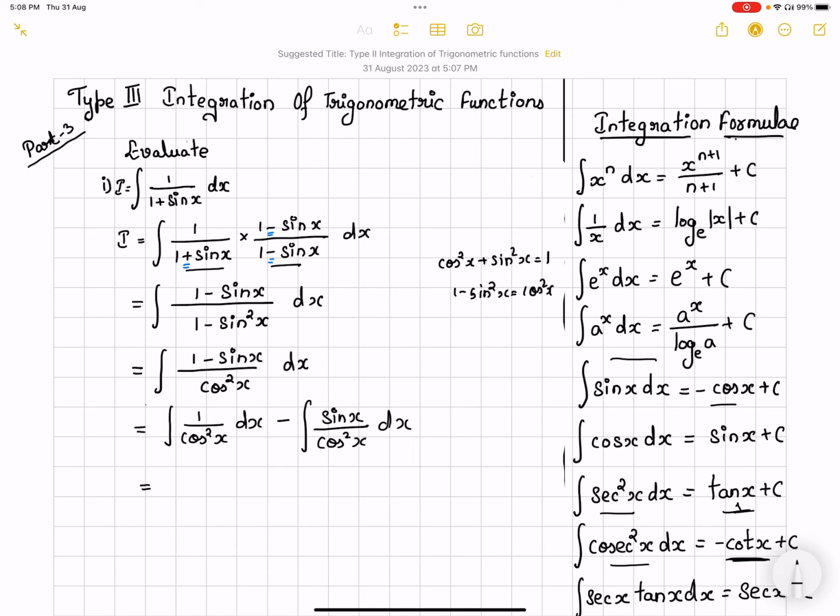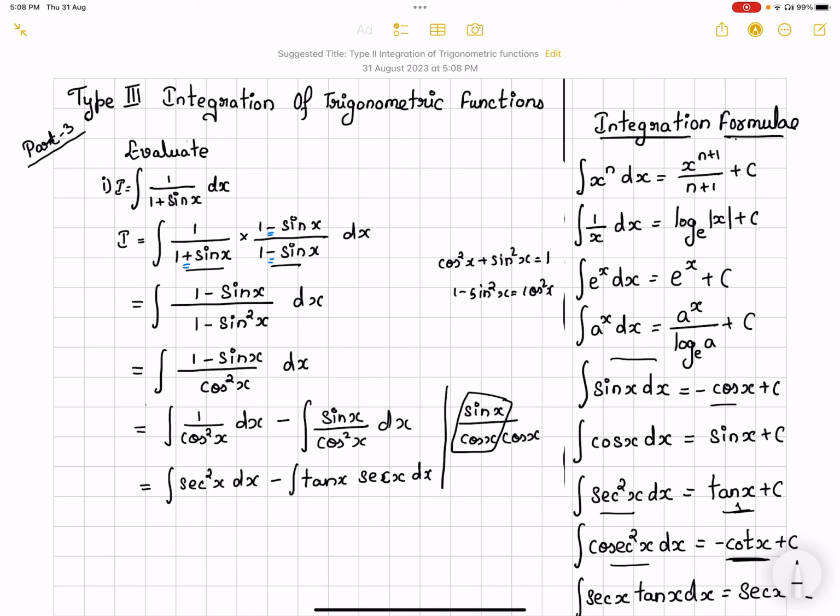So integral 1 by cos square x refers to secant square x dx, and then here we have sin x divided by cos square x, which is nothing but cos x into cos x. So here sin x by cos x becomes tan x, integral tan x, and then 1 by cos x is nothing but secant x dx.